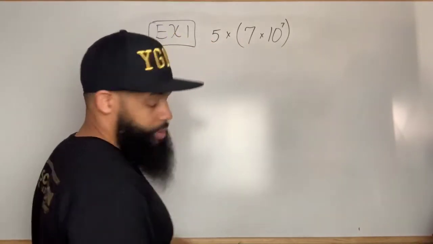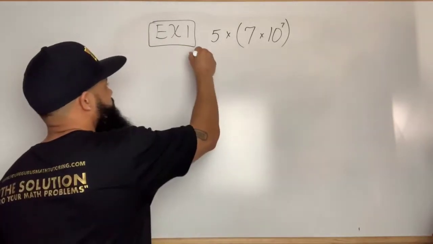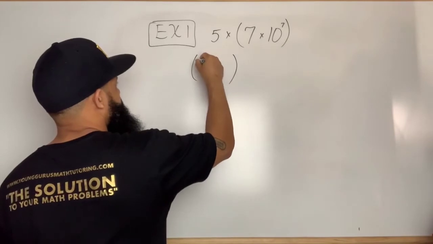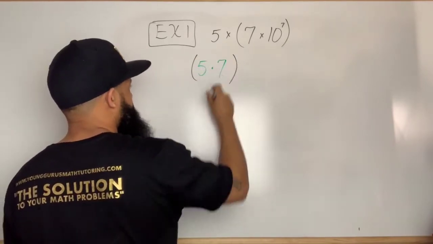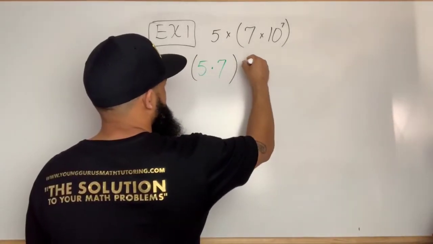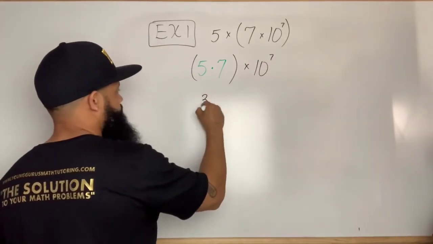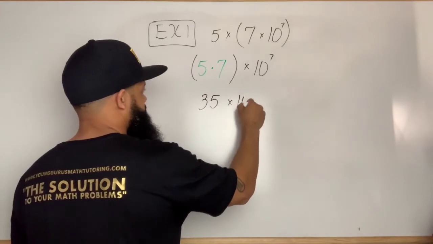So we take the 5 times 7, and then I take that times 10 to the 7th power. Well, 5 times 7 is 35, and then times 10 to the 7th power.